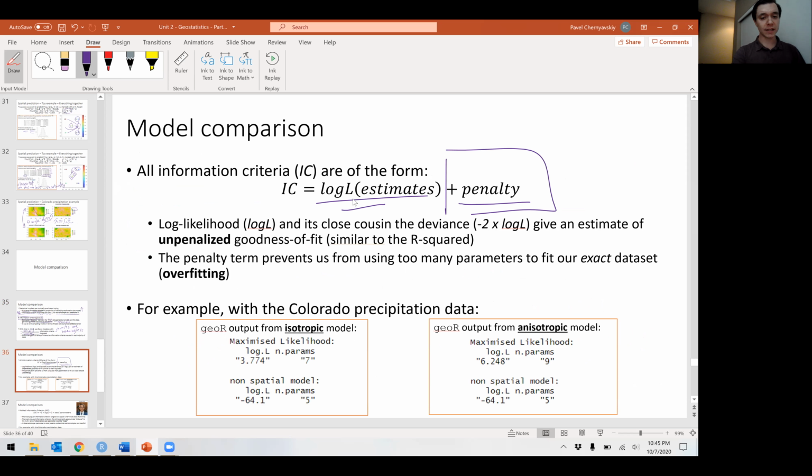The penalty term prevents us from fitting too many parameters, from overfitting the data. So for example, gls helpfully outputs the log likelihood for the isotropic model and the non-spatial model. So we want the log likelihood to be as large as possible.